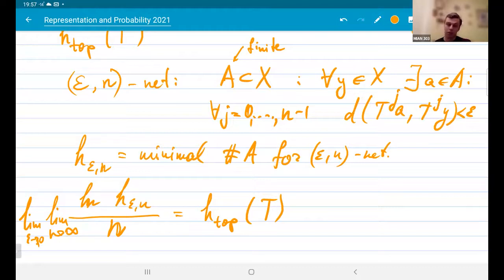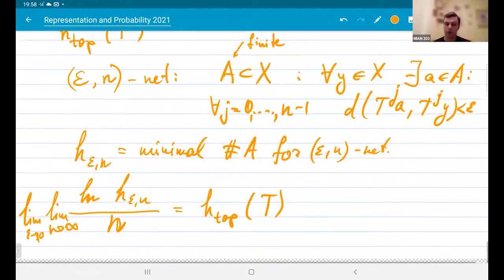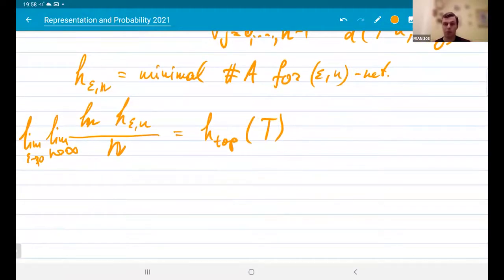So again, there are exponentially many variants of behavior of your trajectory on the interval from 0 to n. The base of this exponent asymptotically is this limit, and then you should try to look at the same situation with better precision, and asymptotically you have h topological.